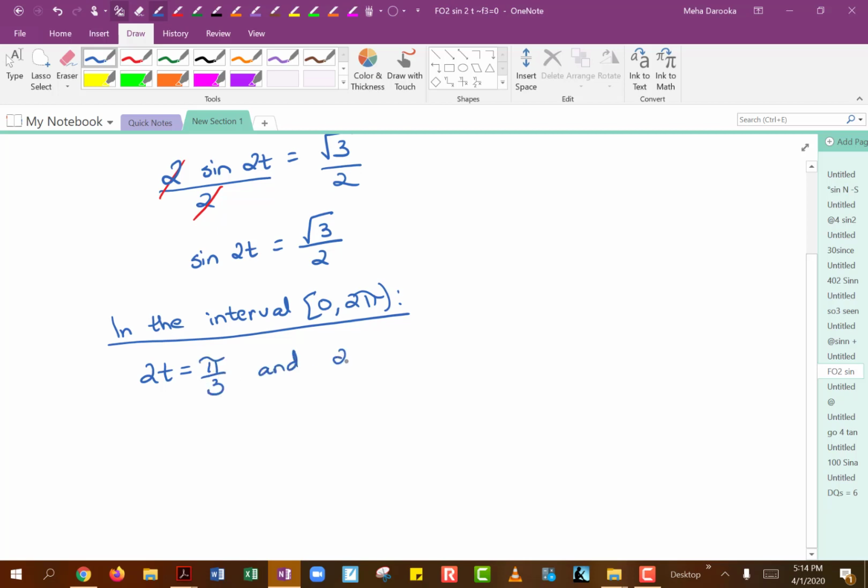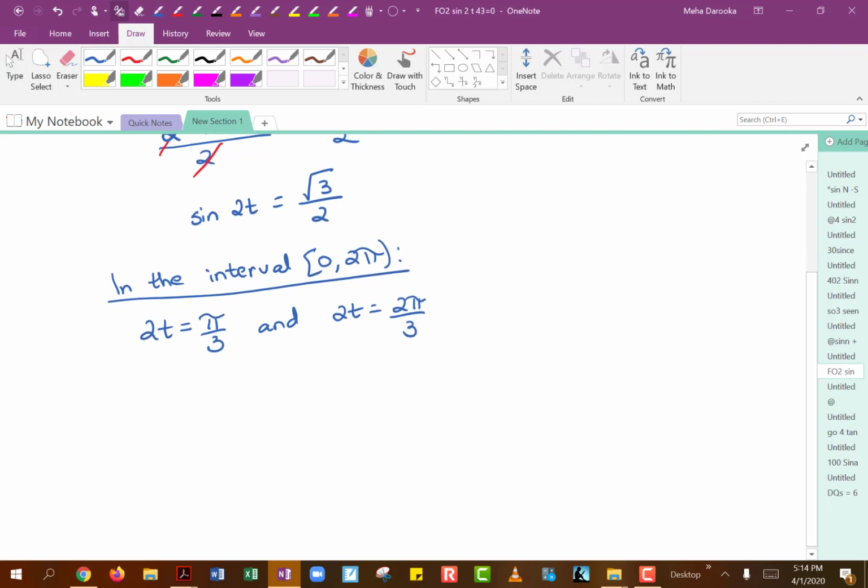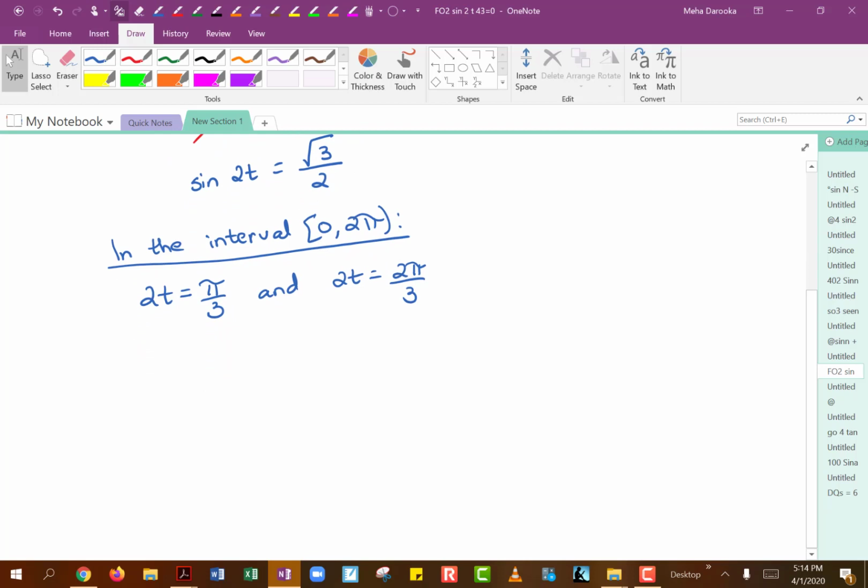And again you would have 2t equals 2 pi over 3, right? Okay, so this was in the specific interval from 0 to 2 pi, but in the general form, we would have to add 2n pi, right?